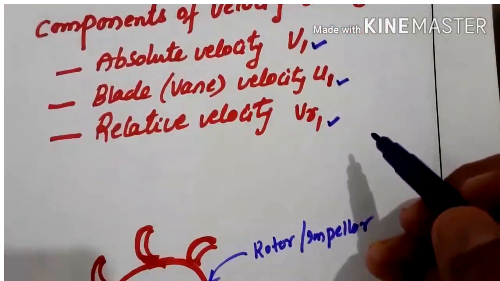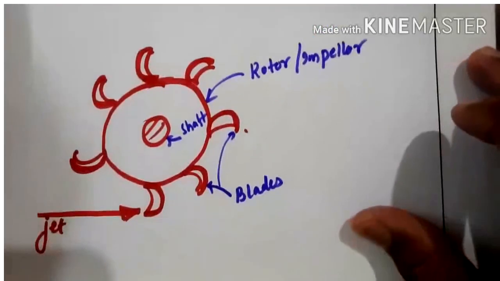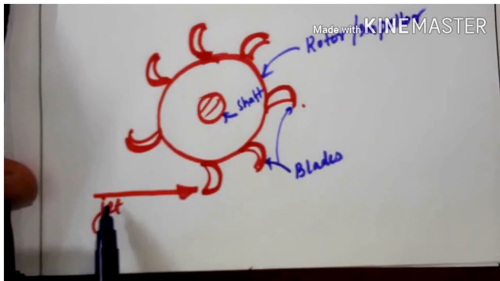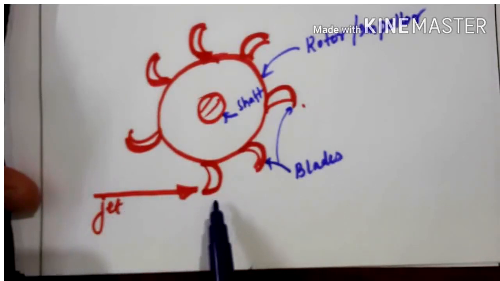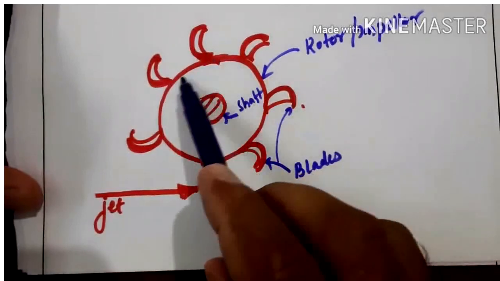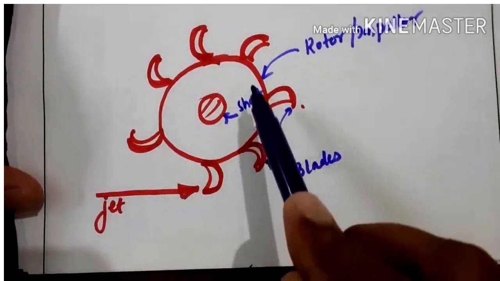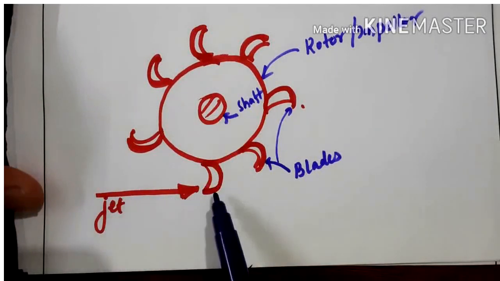As we know from previous lectures, a jet impinges water on the blades like this. This is the rotor or impeller of the turbine, since we are considering turbo machines, and the jet is impinging water on the blades.